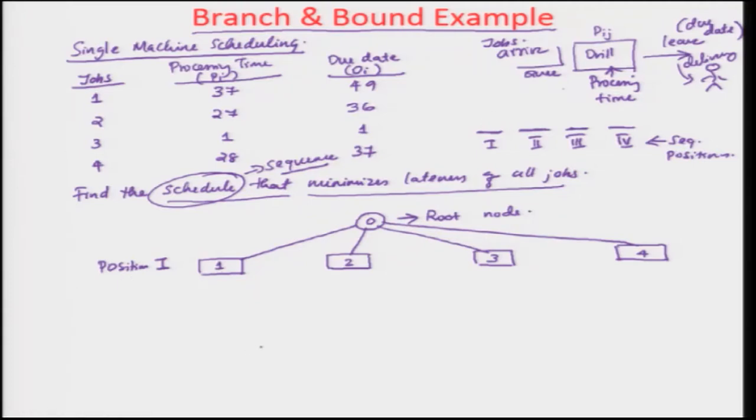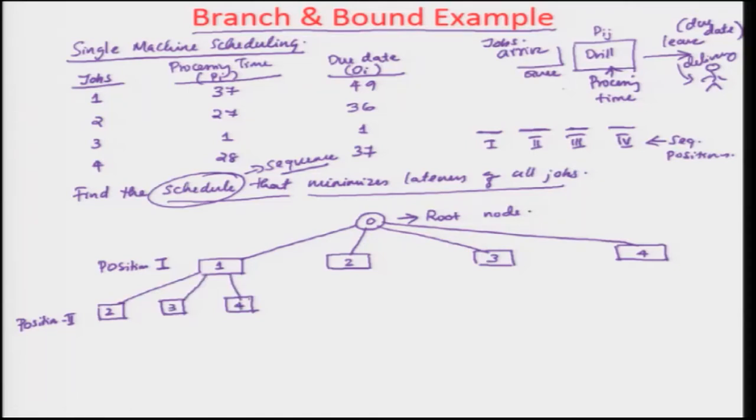Then once you fix this, when you come to this particular portion, there is another position called position 2, the sequence position 2. Under each job you can have 3 underneath them. Once 1 is fixed, then for position 2 it is 2, 3 and 4.